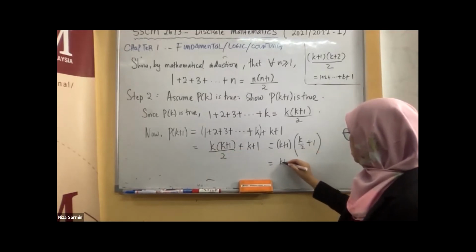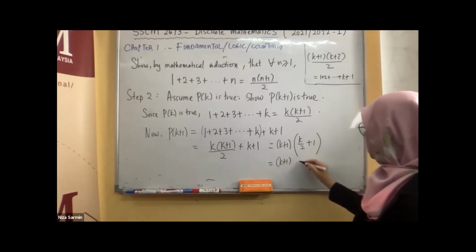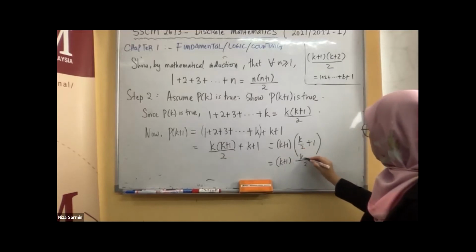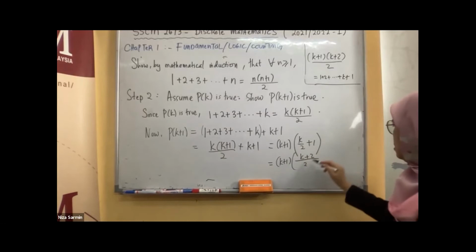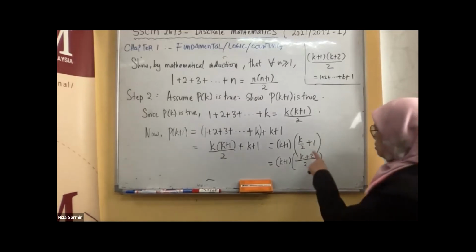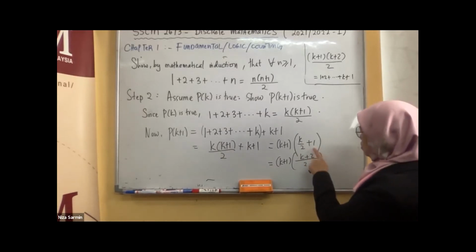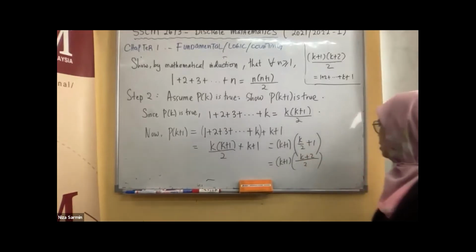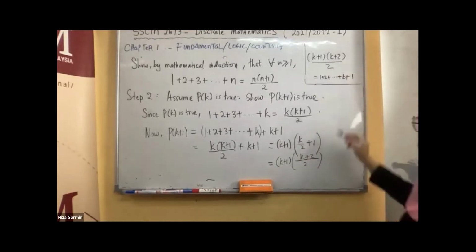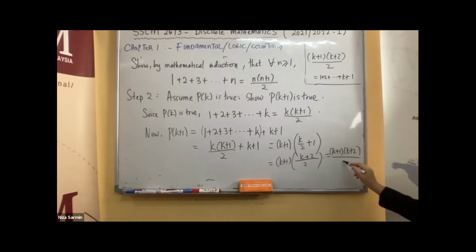And this one, this over 2 is k plus 2, because this is 2 over 2. So this is equal, which we have to write, to (k plus 1)(k plus 2) over 2.